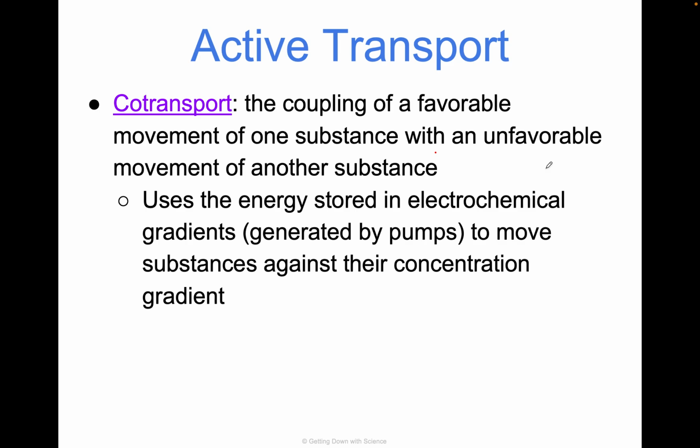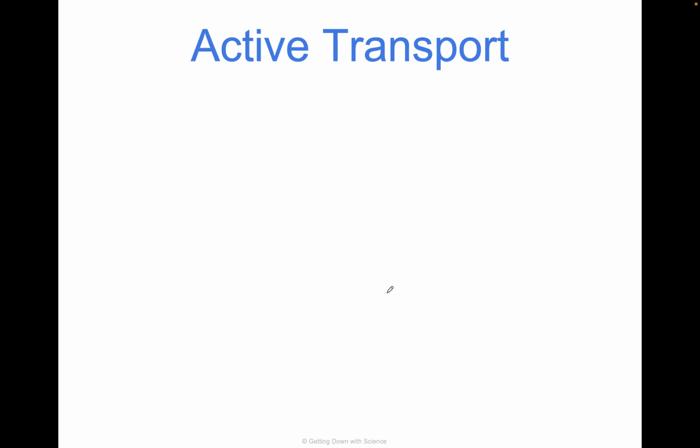This uses energy stored in these gradients, generated by the pumps that are pumping out the protons, to move substances against their gradient. So again, it's like you're trying to force your way into a packed crowd, and one person can go just fine, but if you hold your friend tight, they can come too. Co-transport through that high concentration gradient.